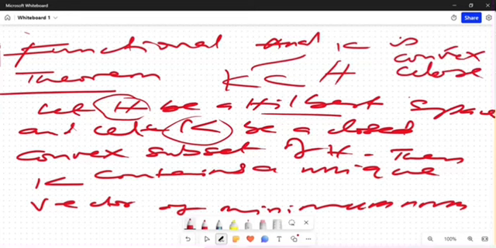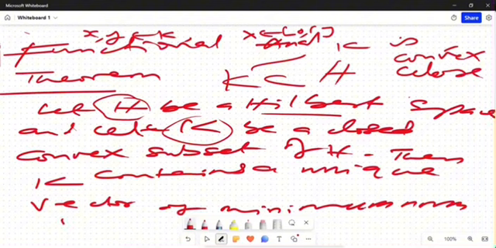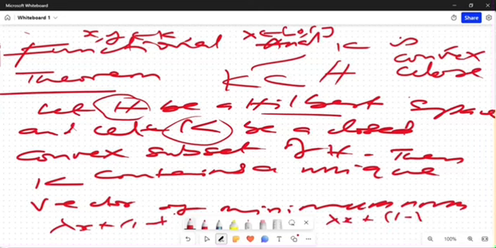A set is said to be convex if, for x, y in K and lambda between 0 and 1, lambda x plus (1 minus lambda) y is also in K. So that's convexity.